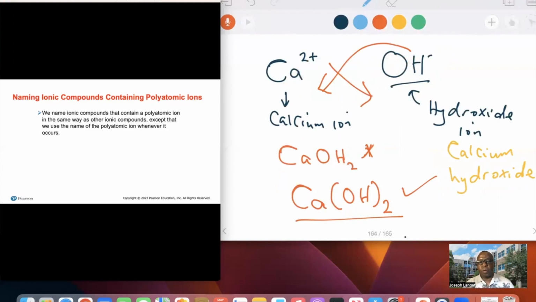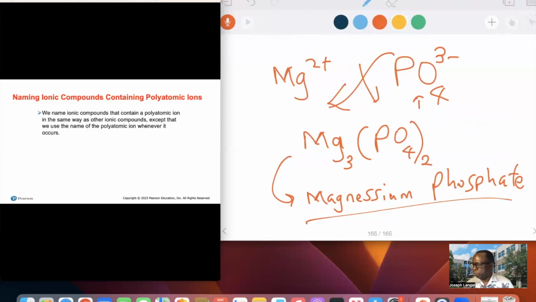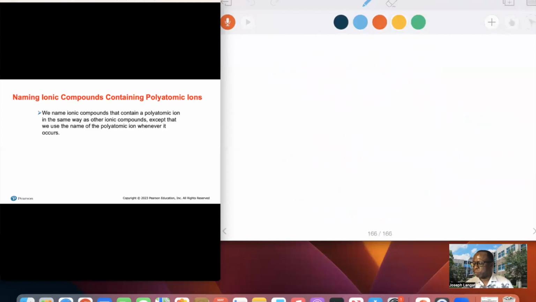Writing the correct formula for an ionic compound containing a polyatomic ion, we use the crossover rule as well. It could be K, which has positive 1, and carbonate.